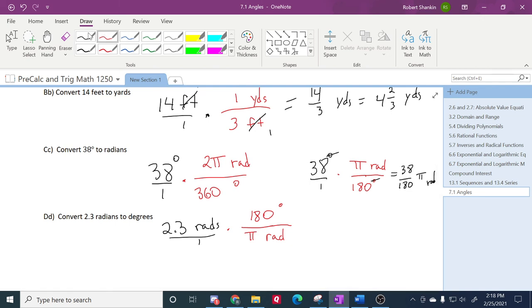And then radians cancel out. And then you just punch this out in your calculator. 2.3 times 180, 414 degrees. So you can convert from one unit to the other very quickly.